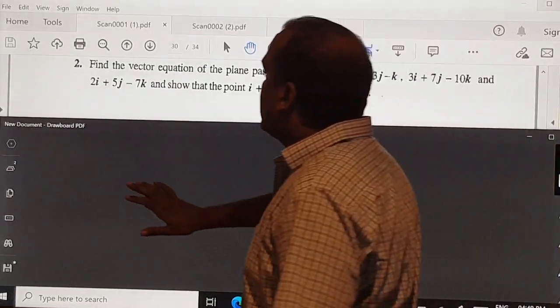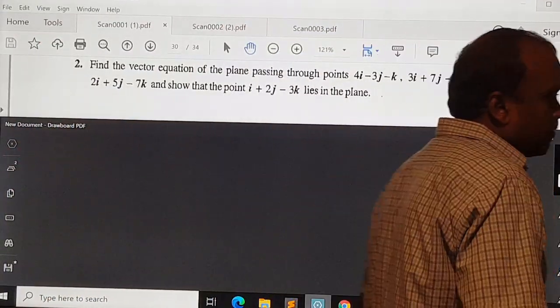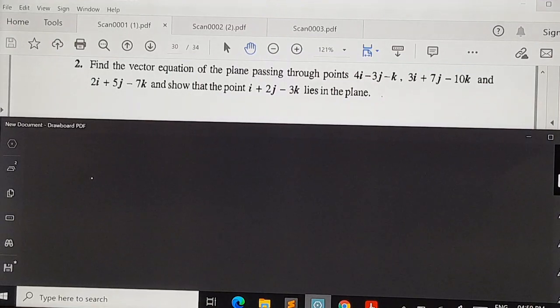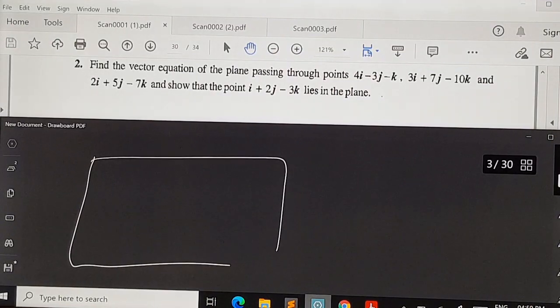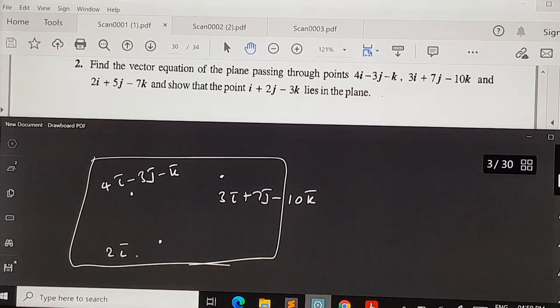In this problem, let us first find the vector equation of the plane passing through these 3 points. So what I do is, first I make vectors using the points. The points given are 4i bar minus 3j bar minus k bar, 3i bar plus 7j bar minus 10k bar, and the last one is 2i bar plus 5j bar minus 7k bar.